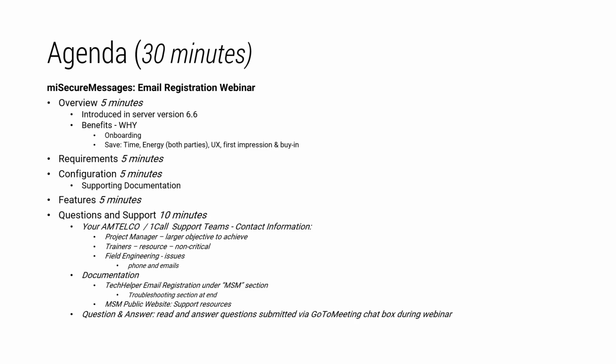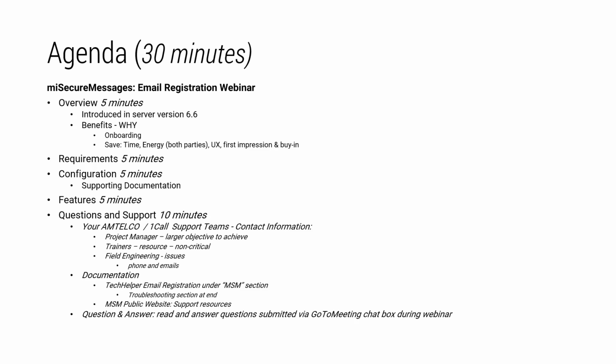So we really sat down with our customers and thought, what can we do to make this easier? What would be the best way? And we introduced HTML email registration capabilities last year, again in server version 6.6. It's going to save both you and your end users time, energy, frustration.